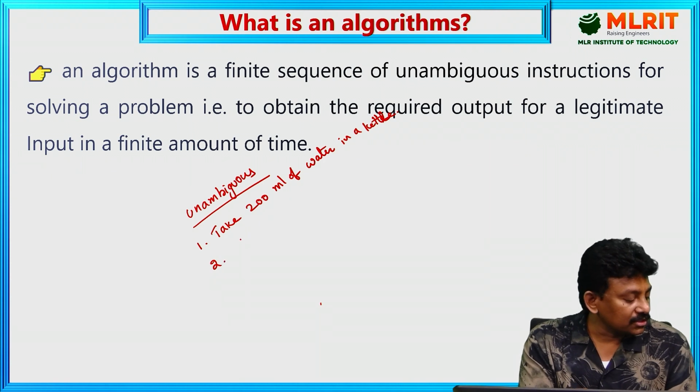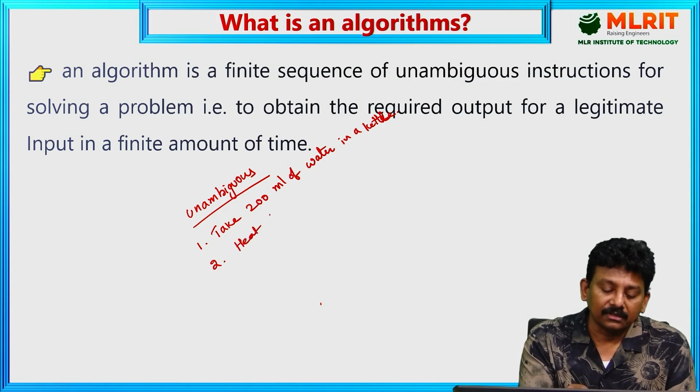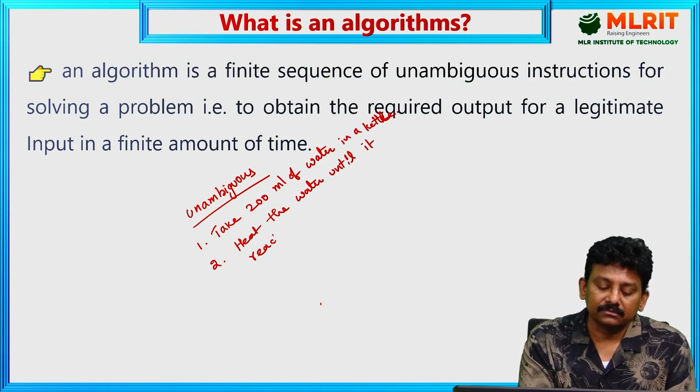Second instruction. Heat the kettle until the water reaches 100 degrees C.